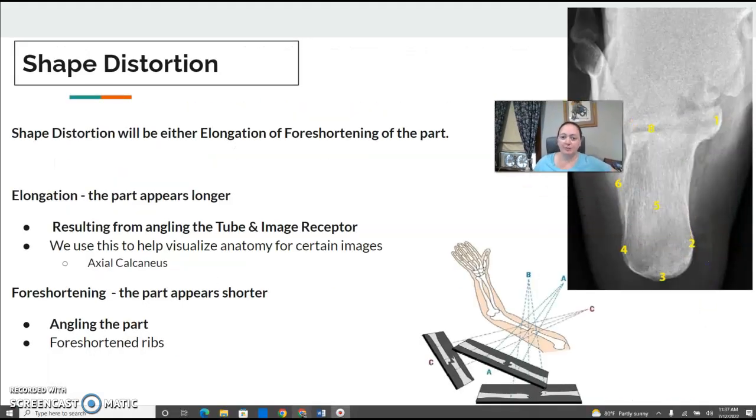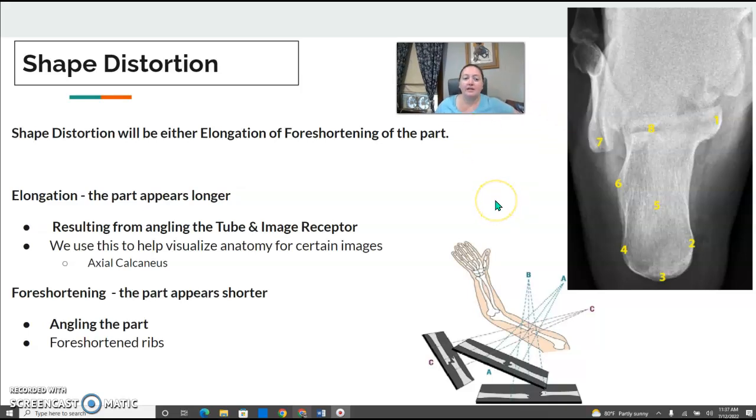Okay, shape distortion is going to be either elongation or foreshortening of the part. Elongation makes it longer, foreshortening makes it shorter. Elongation of the part results from either the tube being angled or the image receptor being angled. Sometimes we do this on purpose, right? So if you take this axial calcaneus image, we're elongating this calcaneus on purpose.